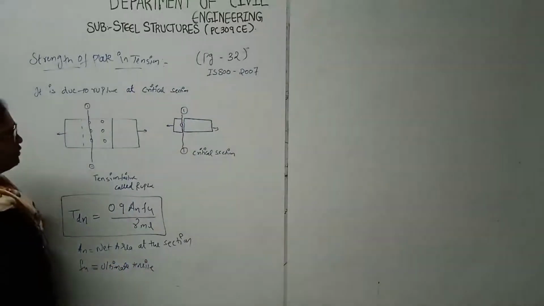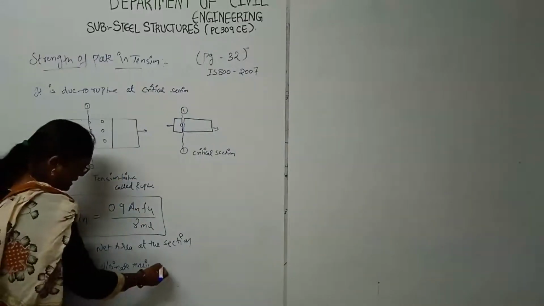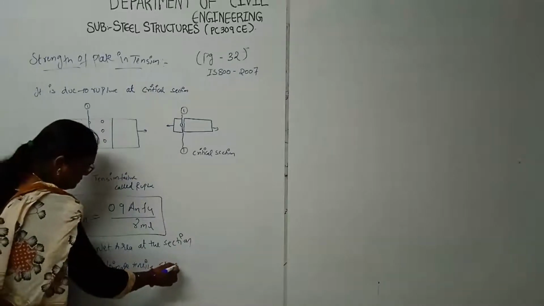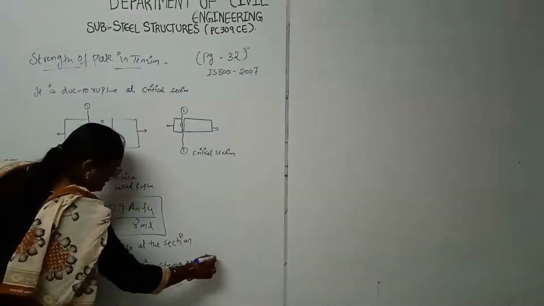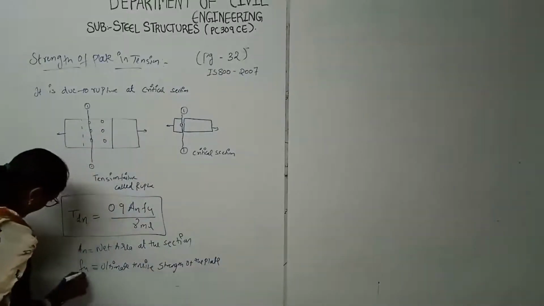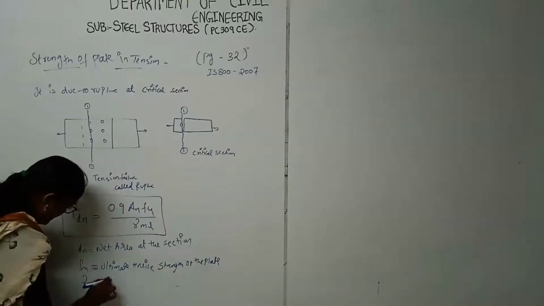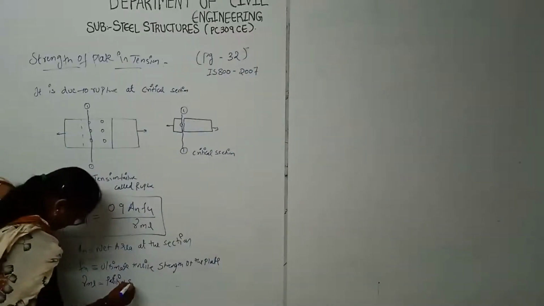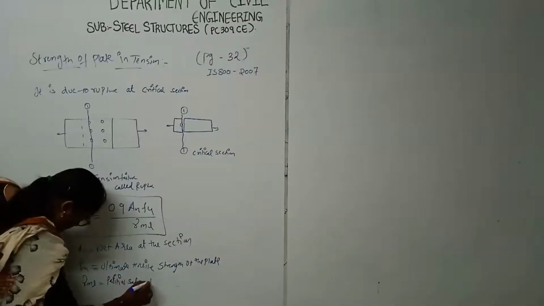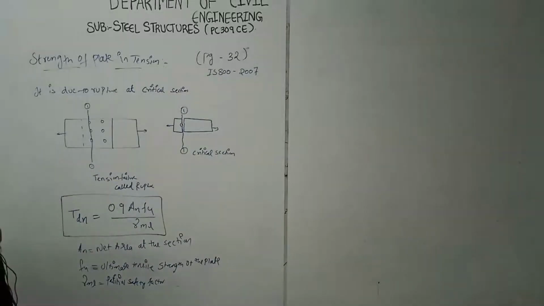Here in the tension, most of the tension will occur in the plates only, so we will consider the ultimate tensile strength of the plate. And next one, gamma_m1 is the partial safety factor.